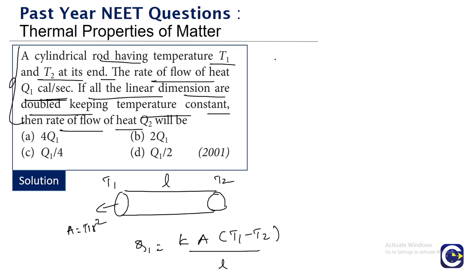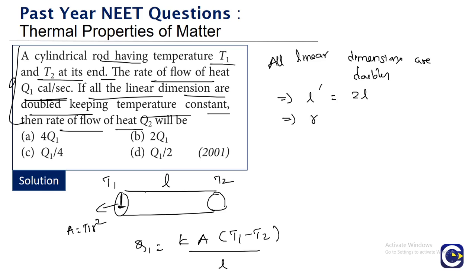What we are doing in the second case, all linear dimensions are doubled. Means what? L, if you say it is L dash, so L dash is what? 2L. Similarly, the radius of this area of cross section, R dash, will be equal to what? 2R.